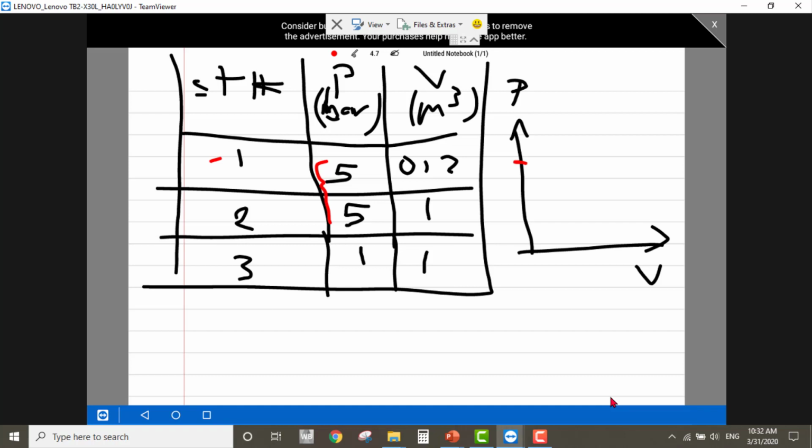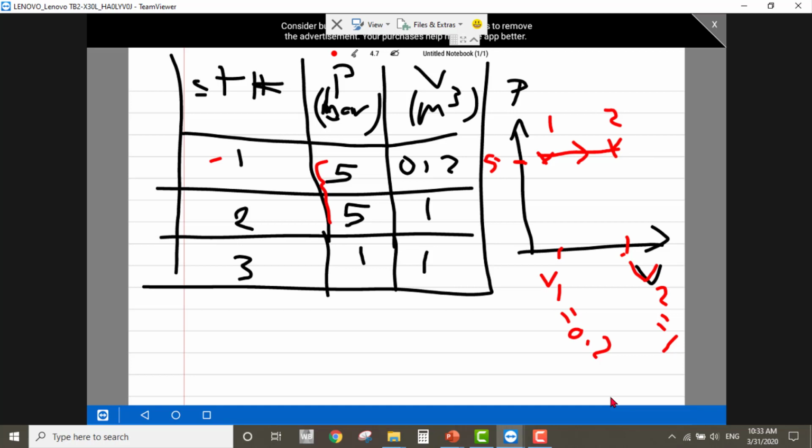So I'll start from here, this is 5, and the problem statement says constant pressure expansion. Expansion means this is V1 and here I will name this V2. We start from V1, equal to 0.2, and end up at V2, equal to 1. This happens at constant pressure. So this is state 1, here is state 2, and this is the arrow.